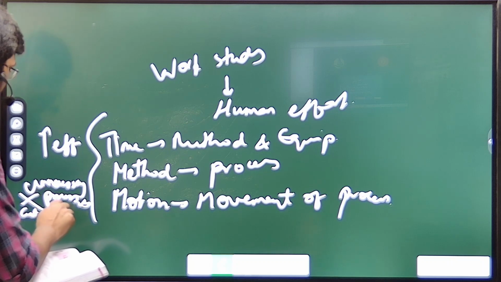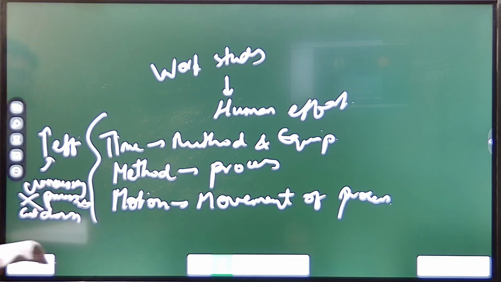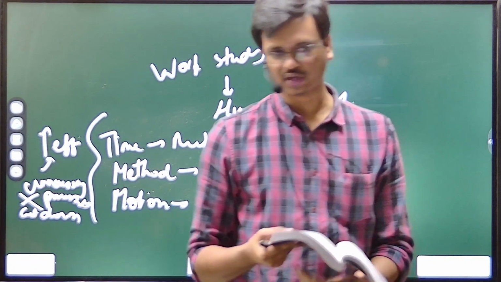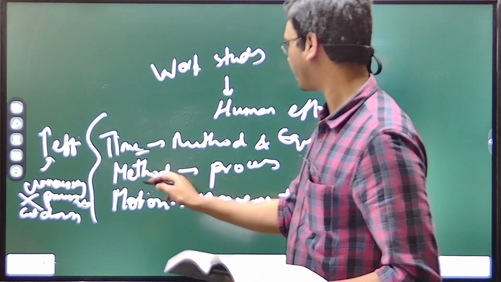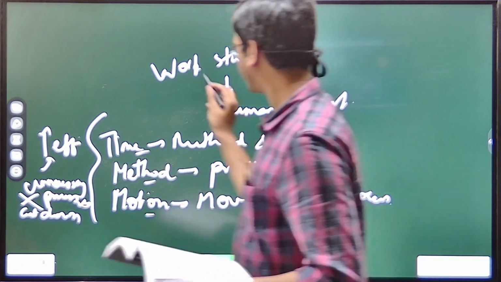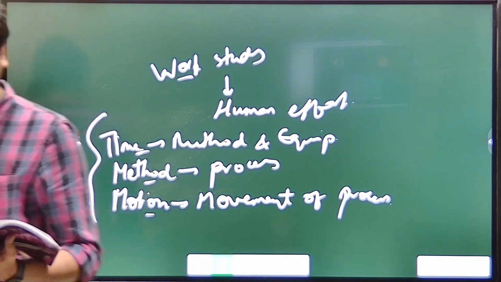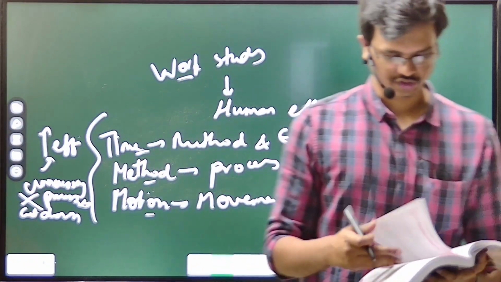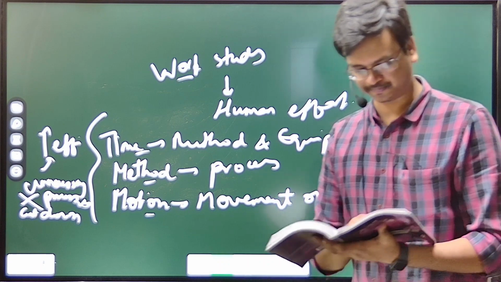Okay, and bring in the efficiency. So this is basically just studying your process, based on parameters like time, method, motion. Okay, and work study, you can just give it a cursory reading. Okay, it is not very difficult.